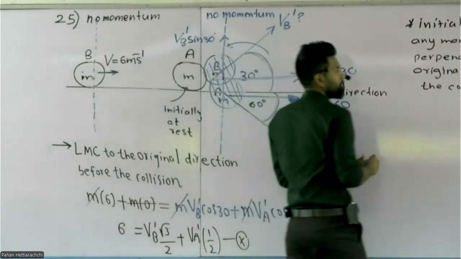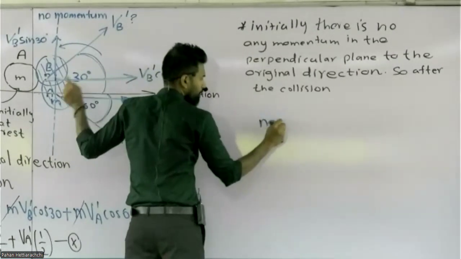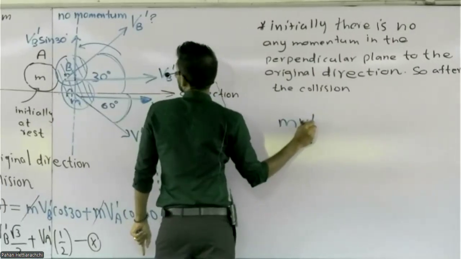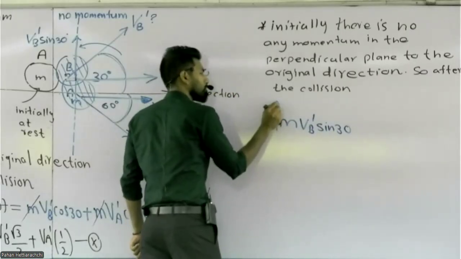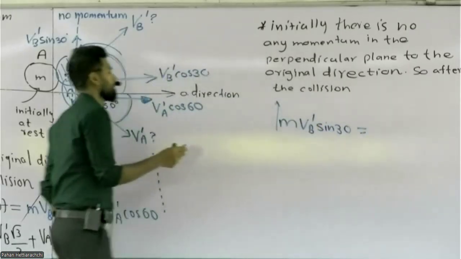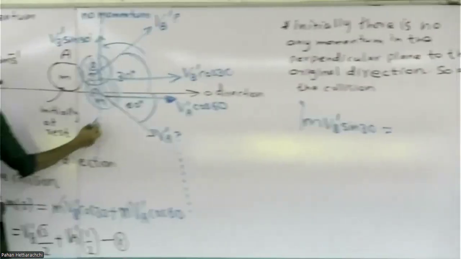So after the collision, there's a momentum, mass M into VB dash sine 30, in this direction. It should cancel out with the momentum in the other direction.